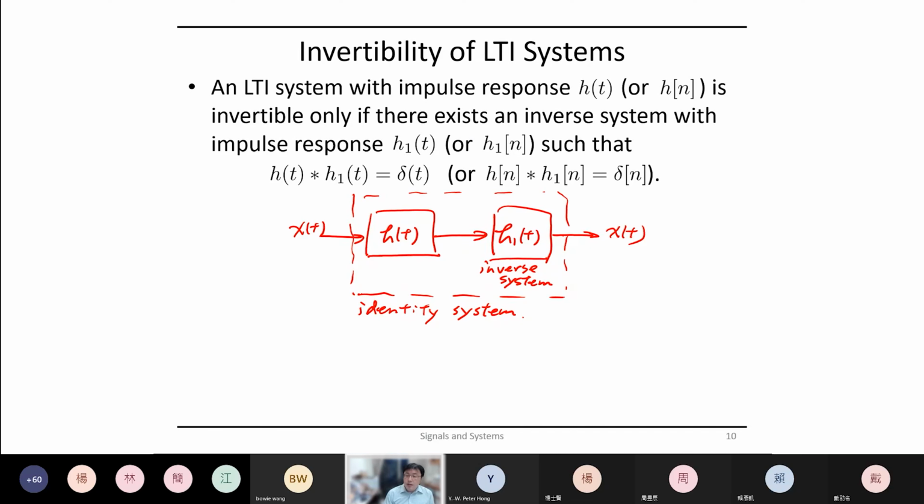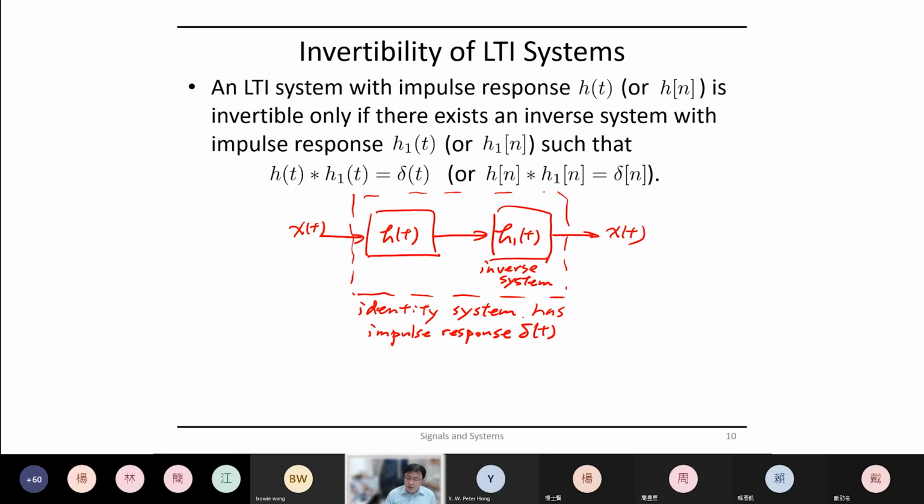For an identity system, we just showed its impulse response must be equal to the delta function. I'm sorry, we're looking at continuous time here, so the identity system has impulse response delta(t). Now the impulse response of the overall system is equal to the convolution of the impulse responses of the cascaded subsystems.